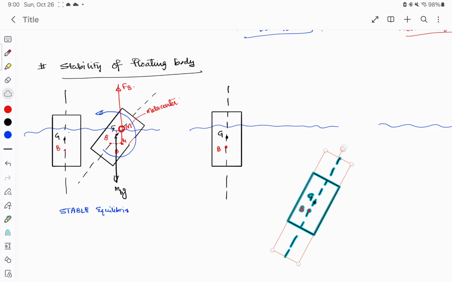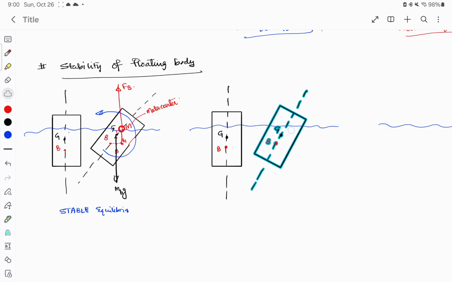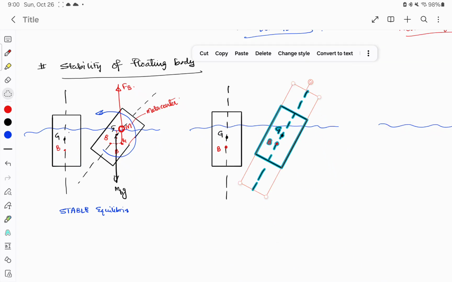So once I give the disturbance, it will rotate like this. Okay. Now let us assume that the new center of buoyancy does not cross this line. So it is somewhere here.